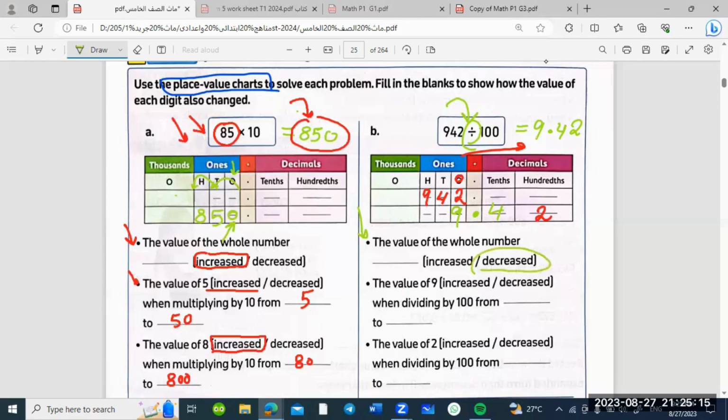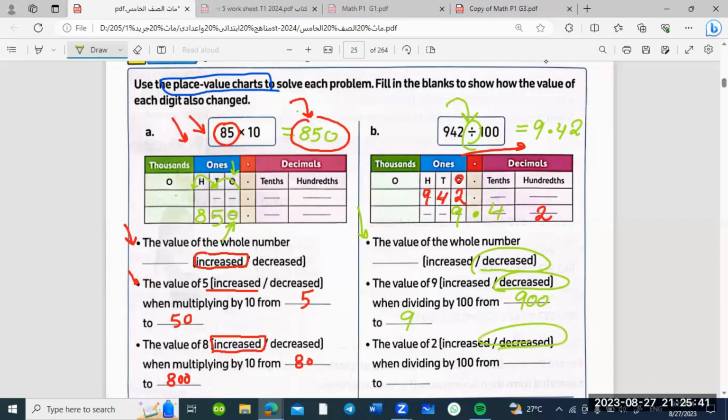Decreased means getting smaller. The value of 9 decreased also, from what to what? From 900 to 9. Excellent. And what about the value of 2?